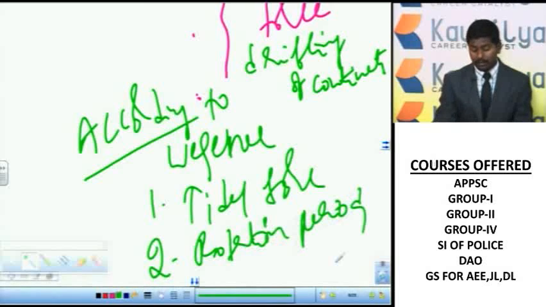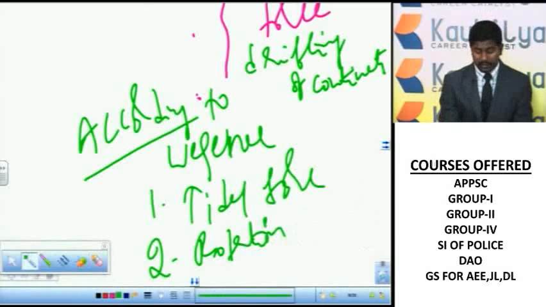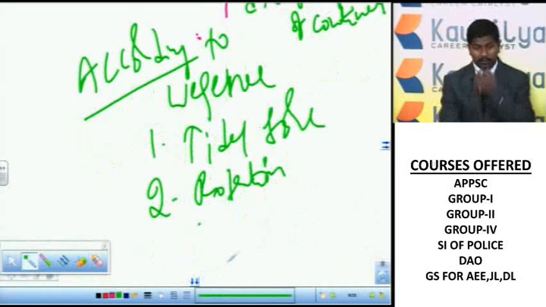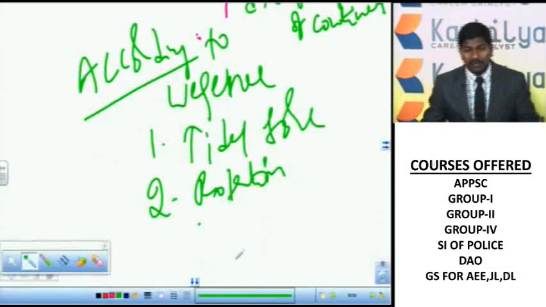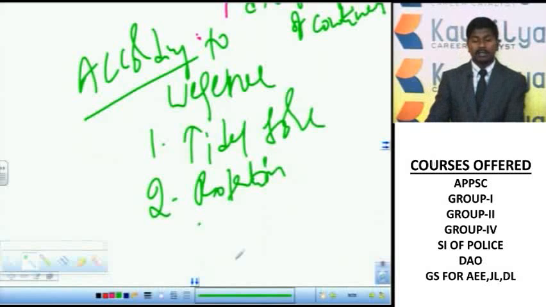So you know that the earth is rotating around itself. So as per Wegener, the tidal force, that means the gravitational force of the sun and the moon on the earth, and the rotation of the earth are the reasons behind the drifting of the continents.